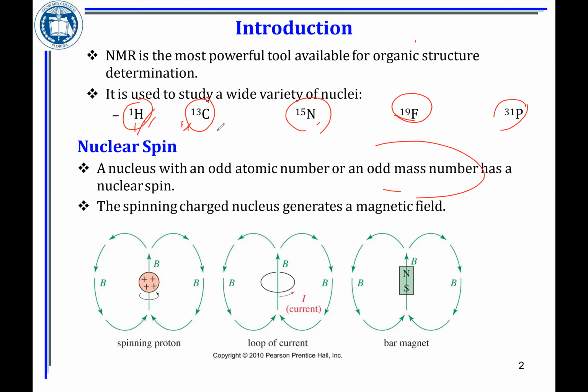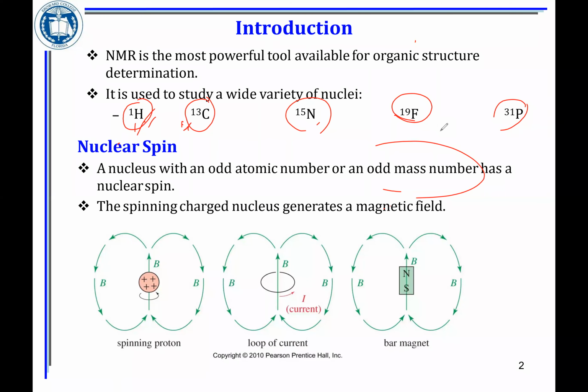It is used more often than nitrogen, fluorine, and phosphorus, but it's just showing the point that if the molecule contains an atom with an odd mass number, it can be recognized in the NMR machine.